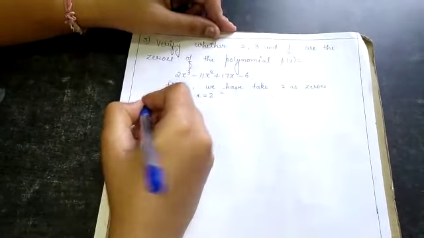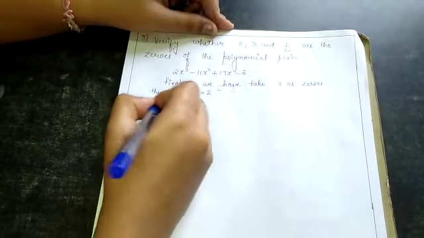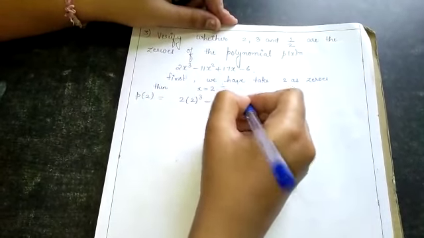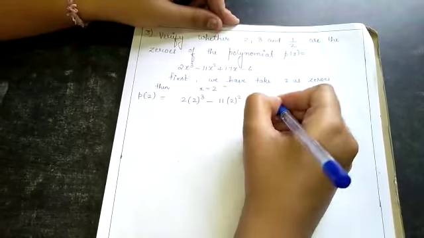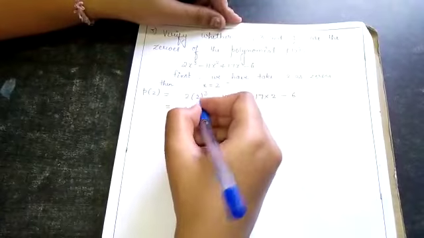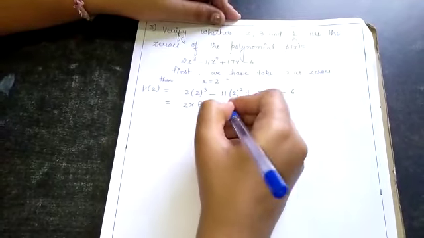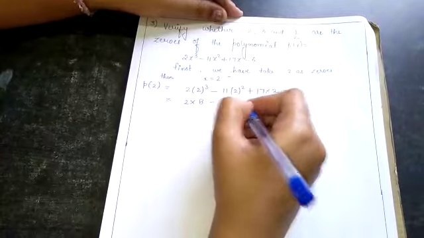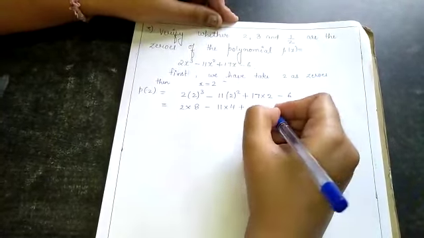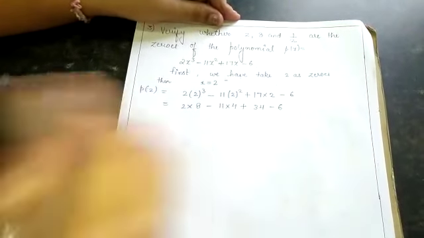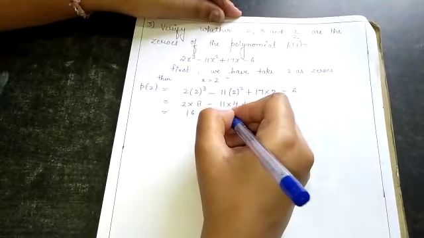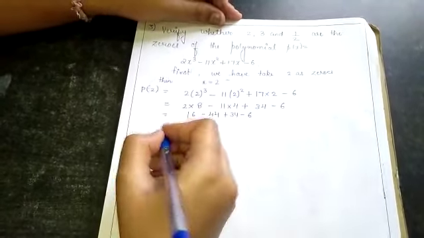p(2) is equal to 2 into 2 cube minus 11 into 2 square plus 17 into 2 minus 6. Then 2 into cube of 2, which is 8, minus 11 into square of 2, which is 4, plus 17 twos are 34, minus 6. So 16 minus 44 plus 34 minus 6.